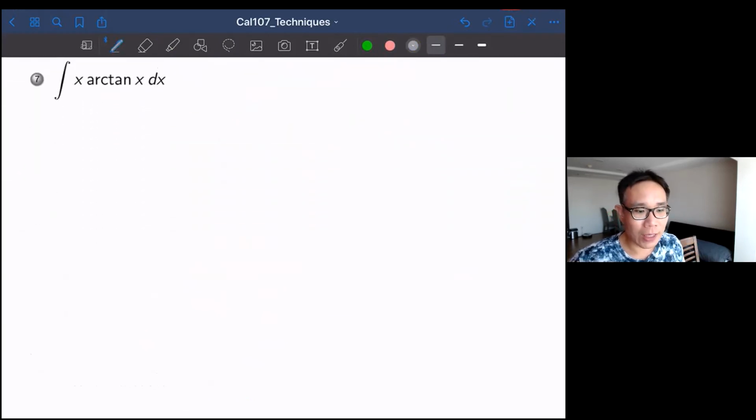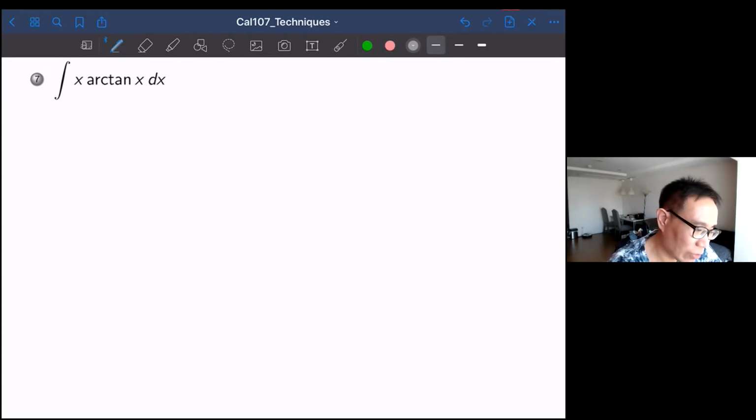Another one: you have to integrate x arctan x. For this one, you integrate using integration by parts with u equal to arctan x. How would I know it should be arctan x? Because if you let u equal x arctan x, it would require the product rule and make our life more difficult.